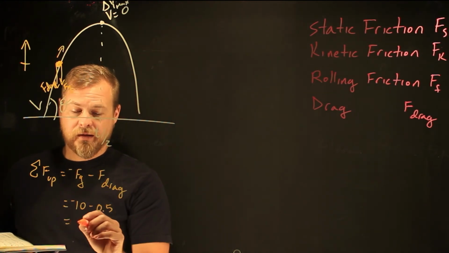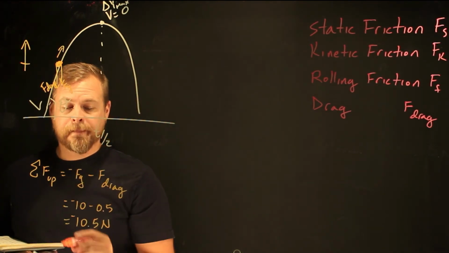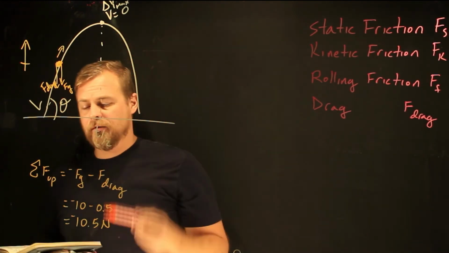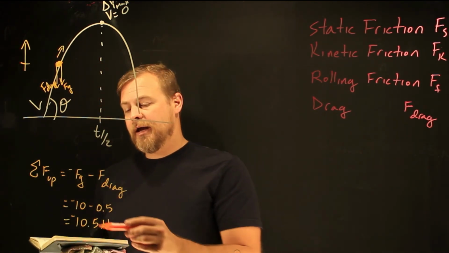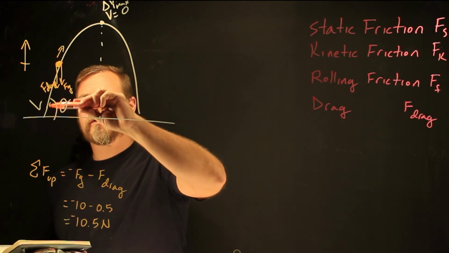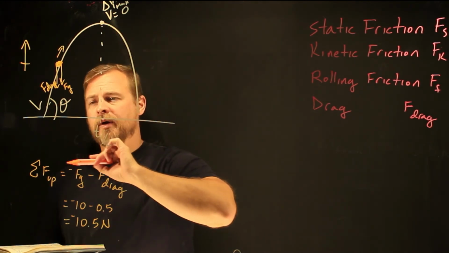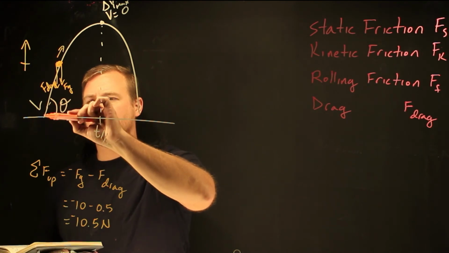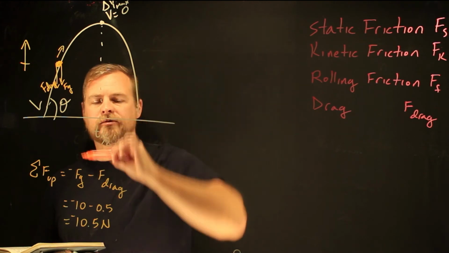And so that gives me 10.5 newtons down. Okay? It's a negative value, and that negative value is going to end up causing my object to stop, right? The max velocity is down here at launch, and it gets slower and slower and slower. It's decelerating until it comes to 0.